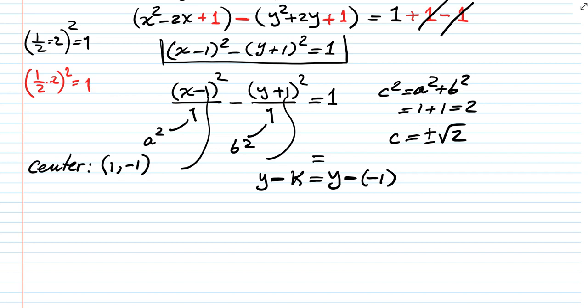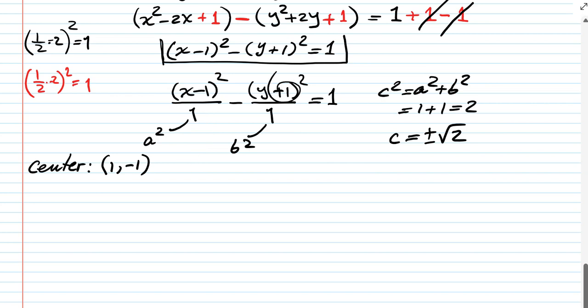I rewrote y plus 1 using a double negative. And that is what k is. You see that? Again, it's always the opposite of what it seems to be in parentheses. If it's a plus 1 in parentheses, k is the opposite of that, -1. If it's -1 in parentheses, h is the opposite of that, which is 1. Good, so we got the center.